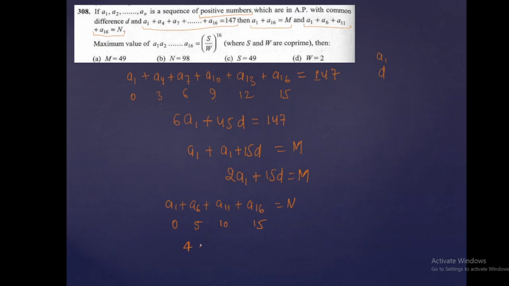And since we have four terms, 4A1 plus how much? It will be 30D equal to N. Okay, so we have this first equation.